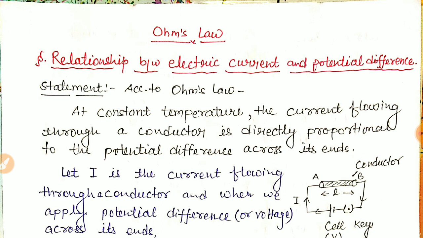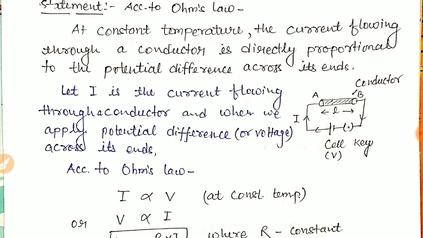Now, as we know, when we apply a potential difference across any conductor, there is a current that flows from the positive plate to the negative plate. Let us see this picture.